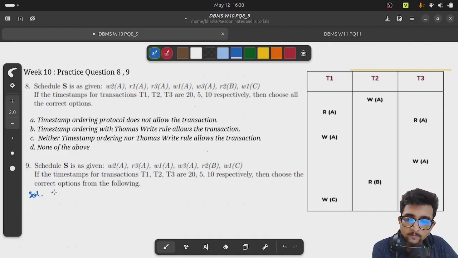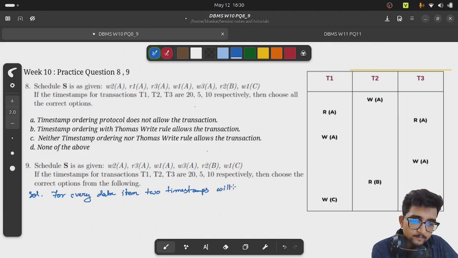For every data item, two timestamps will be maintained. One is the read timestamp, another is the write timestamp. So read TS and write TS.